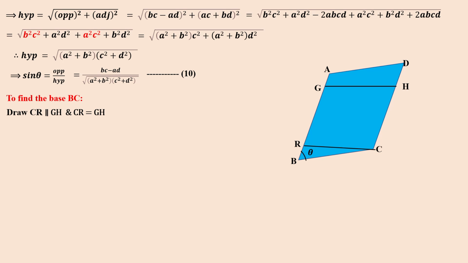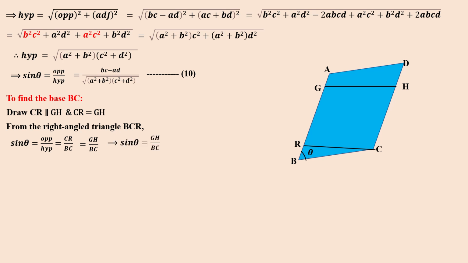So CR is equal to GH. From the right angle triangle BCR, sin theta is equal to opposite by hypotenuse, so that is CR by BC. CR is nothing but GH, so sin theta is equal to GH by BC. So BC is equal to GH by sin theta.